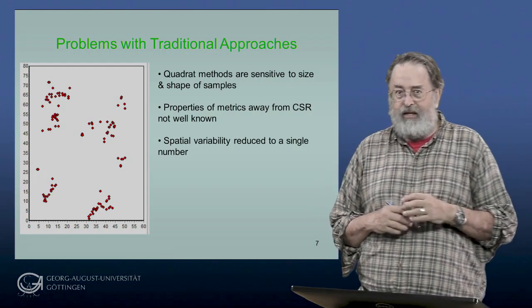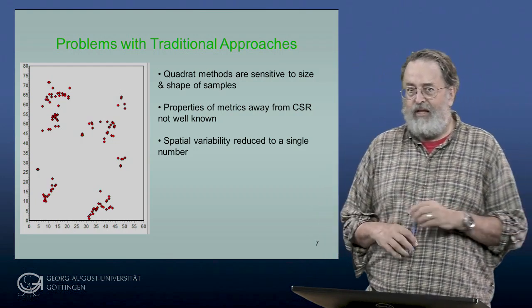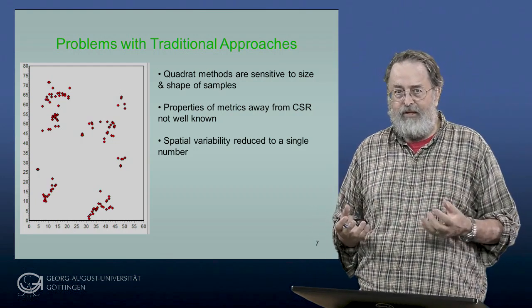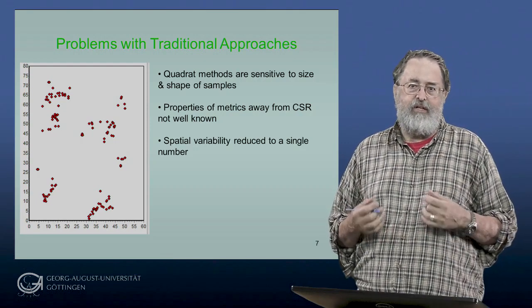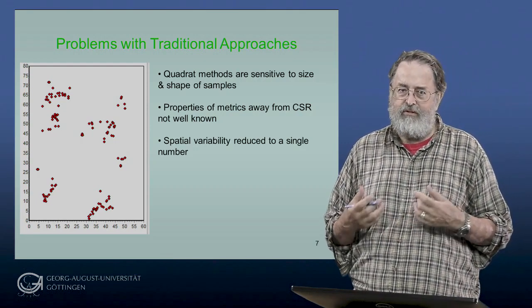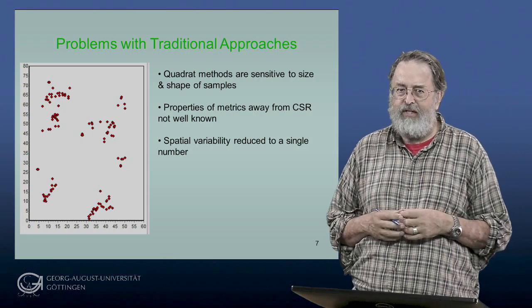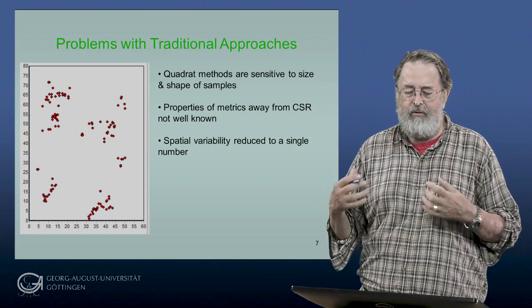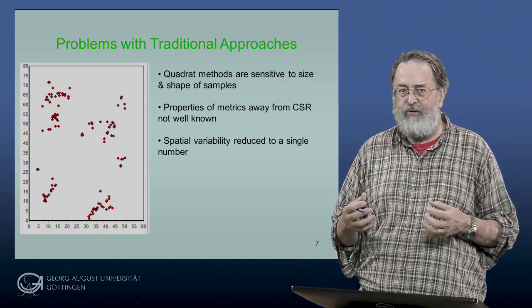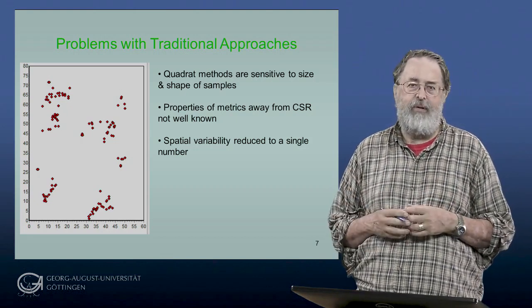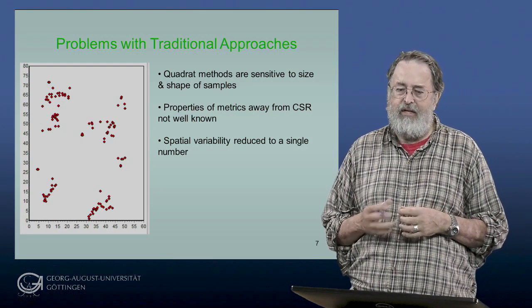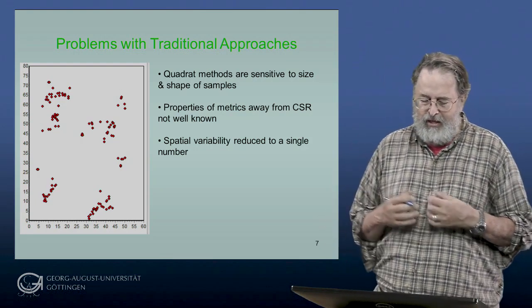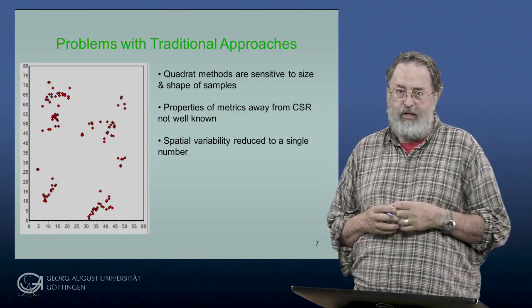The other thing that bothered people in the field who are interested in point pattern analysis is that you have one answer for a system where pattern may be structured in a very complex way, and this could lead to missing out on what's really going on.